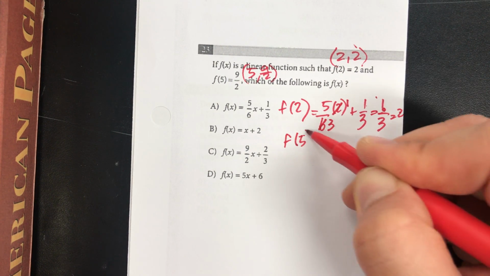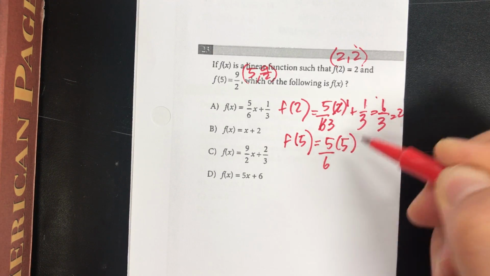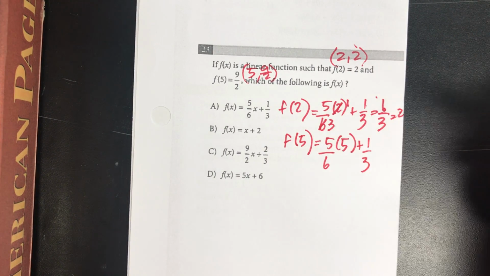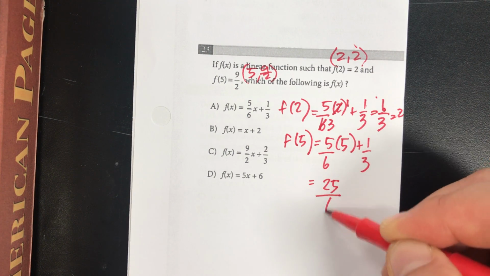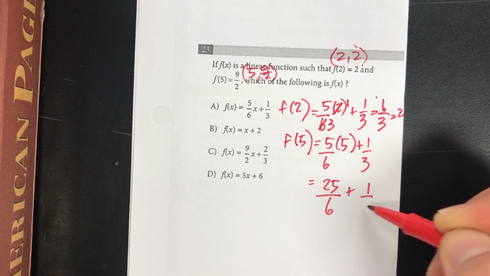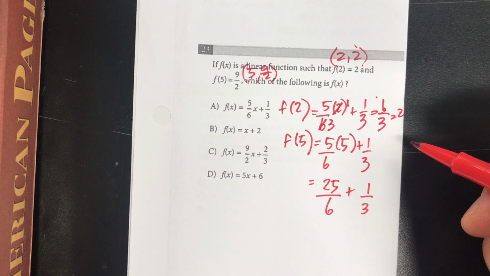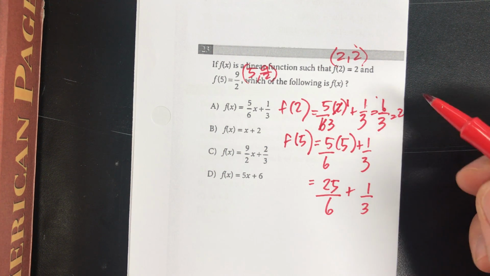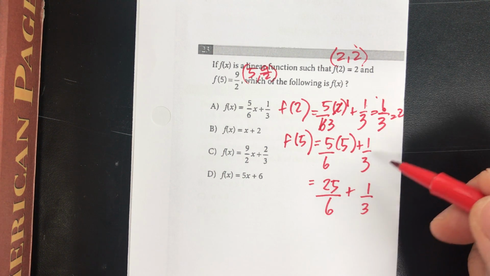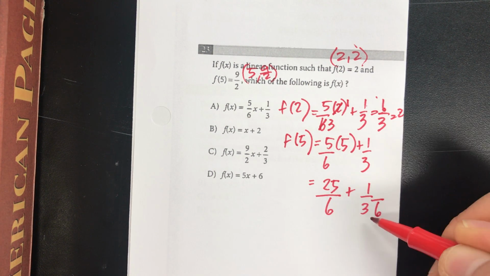F of 5. So now I go 5 times 5 over 6 plus 1 over 3. This is going to end up being 25 over 6 plus 1 over 3. If you want to add them, you have to get the common denominator.